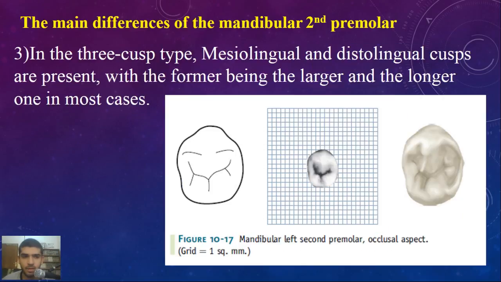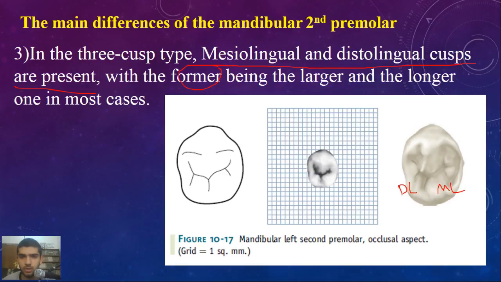The third difference is that in the three-cusp type of the mandibular second premolar, the mesiolingual and distolingual cusps are present. So we have two lingual cusps. This is the mesiolingual, this is the distolingual, with the former, the mesiolingual, being the larger and the longer one in most cases.